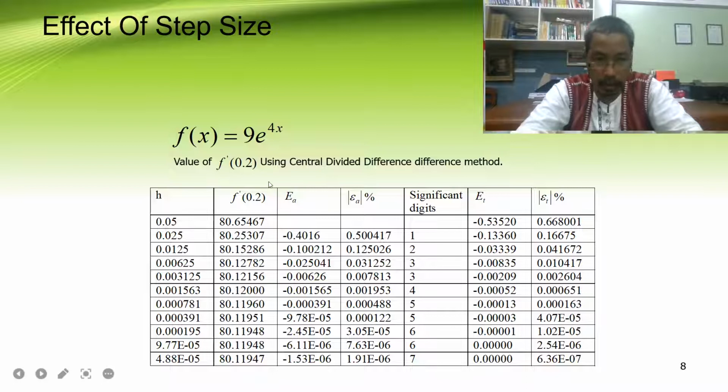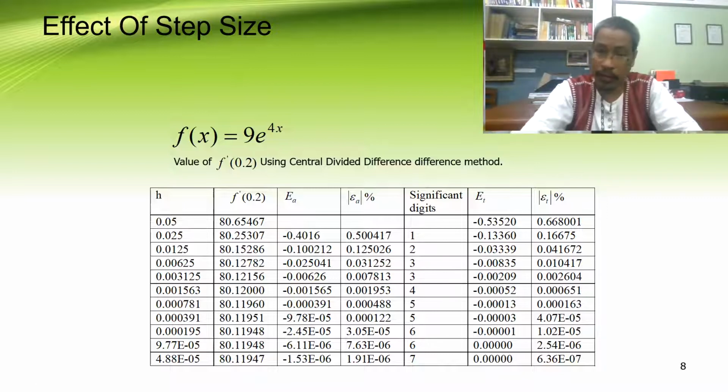We have the function given, and we still have the initial value for delta x as 0.05. We still have the value of x as 0.2, and we are asked to solve for the first derivative using central divided difference.